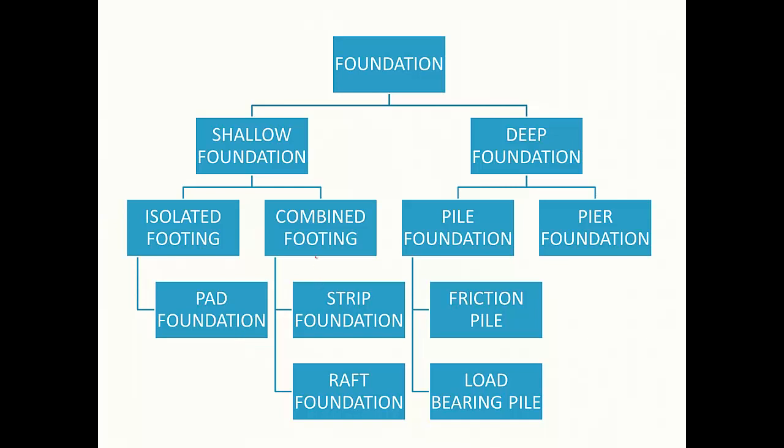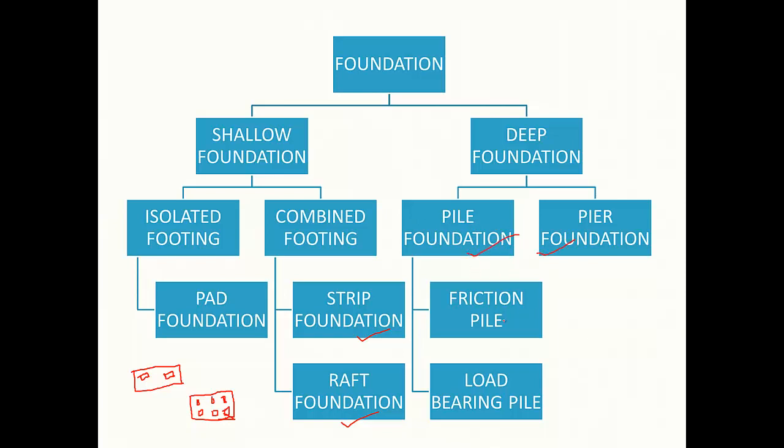And combined footing you can do with strip foundations or raft foundations. A strip foundation is, suppose you have a unit strip like this, maybe you have two columns here, right? And for mat foundations, you cover the total area with the foundation and have all the columns inside this mat.